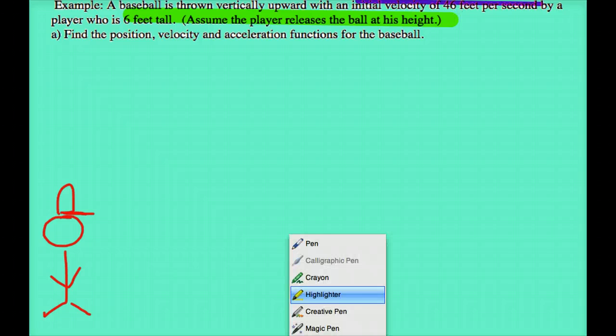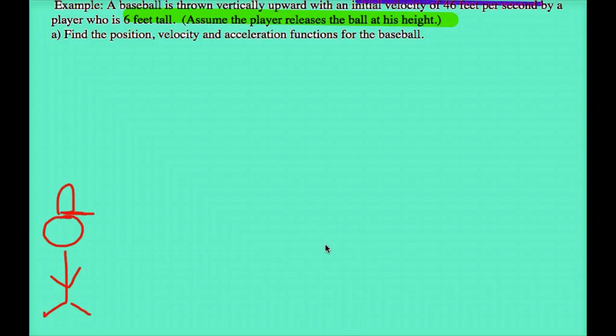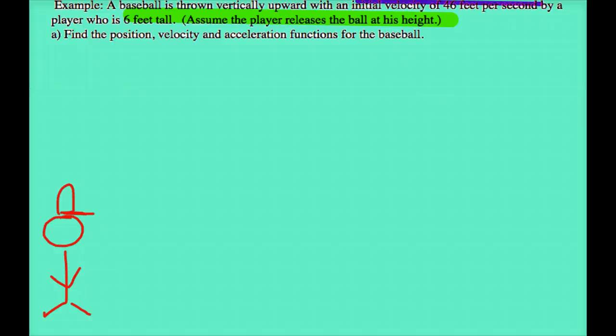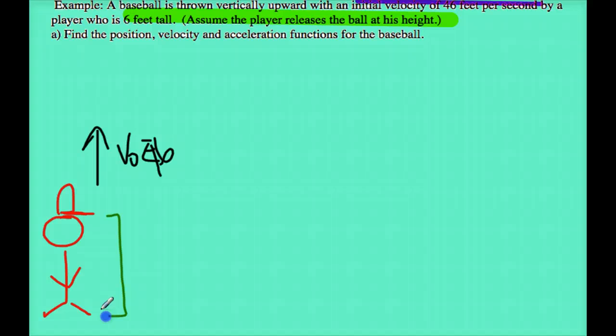So let's draw this out. We know initially I'm going to go upwards with an initial velocity. V naught has to equal 46. And then I also know that this guy is 6 feet tall.